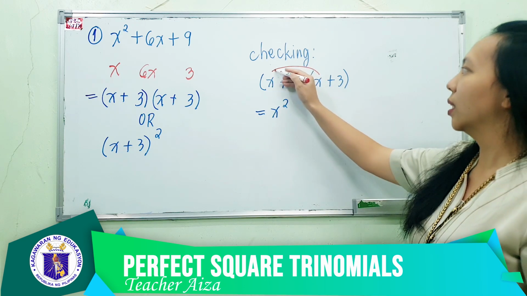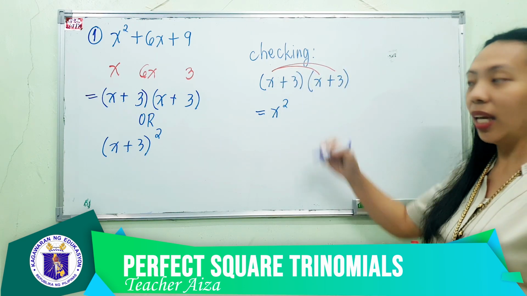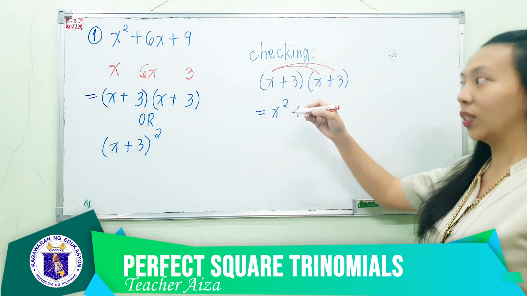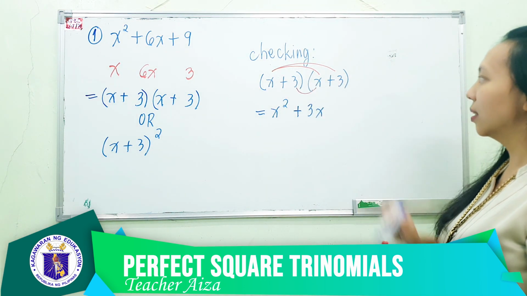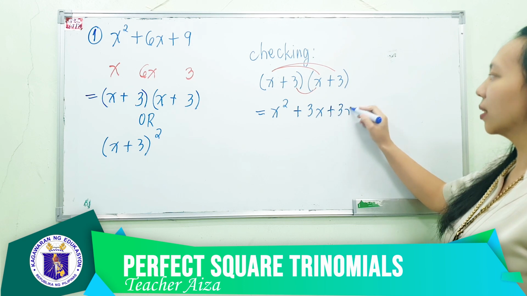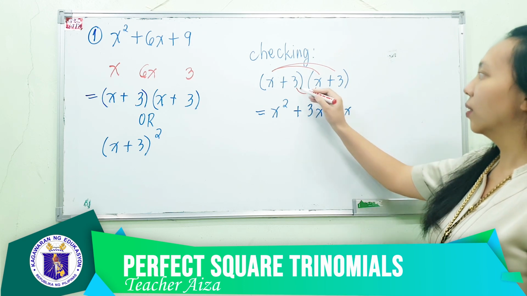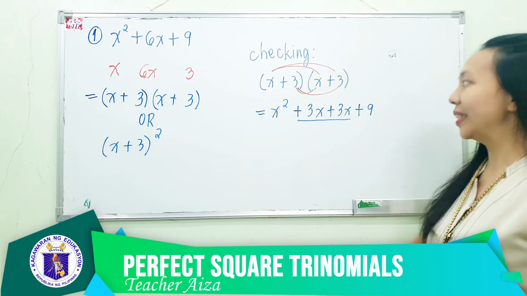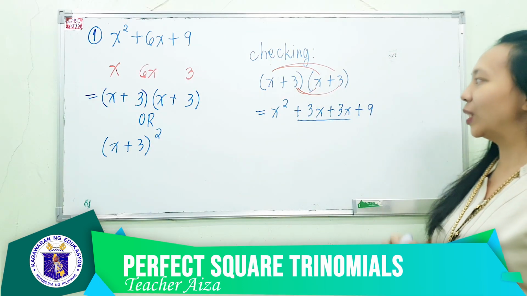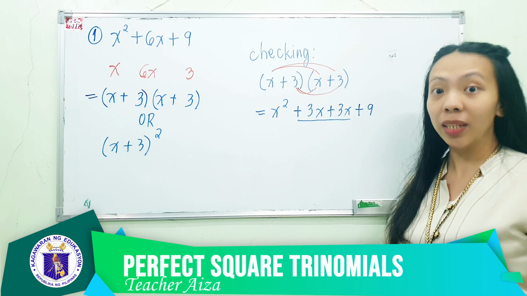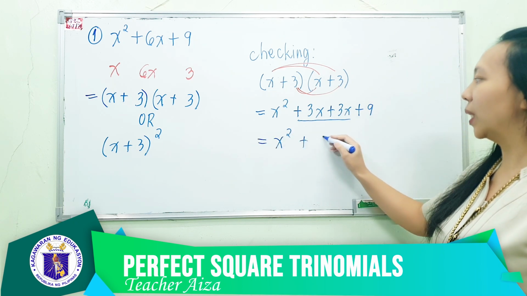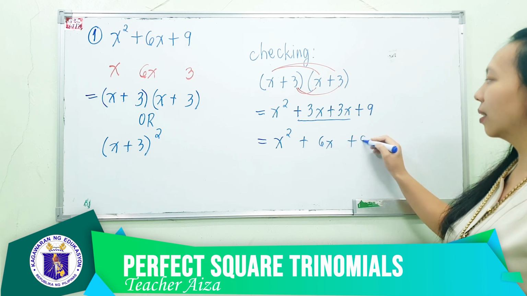Outer terms, x times 3 equals 3x. Inner terms, 3 times x equals 3x. And last terms, 3 times 3 equals 9. The two terms here are similar terms. Therefore, we can combine them. We'll be having x squared plus 6x plus 9.